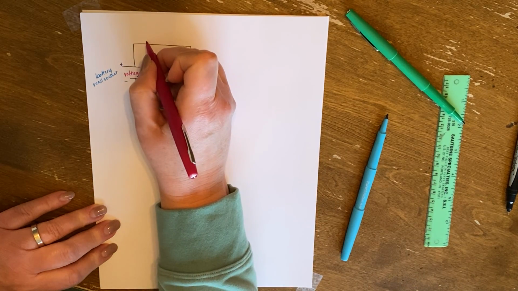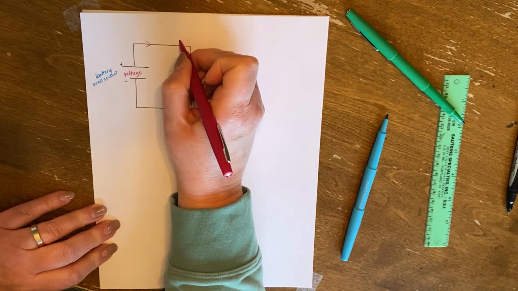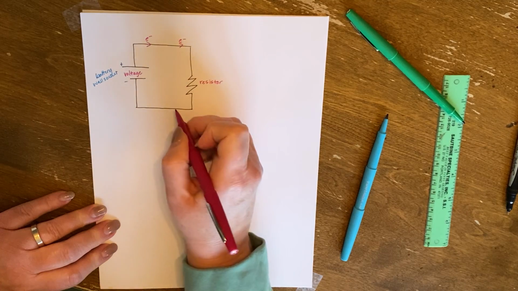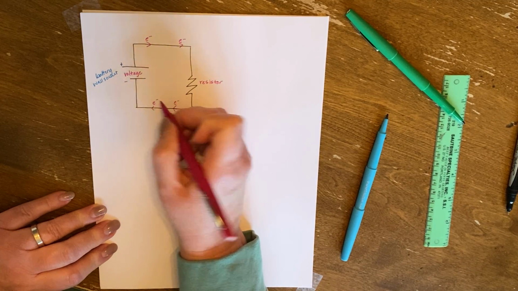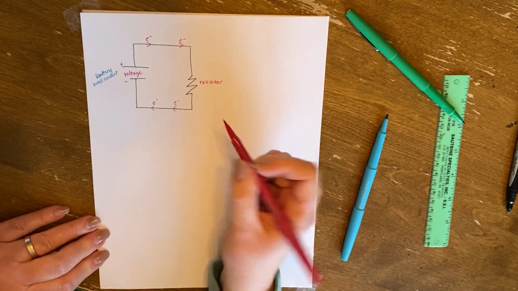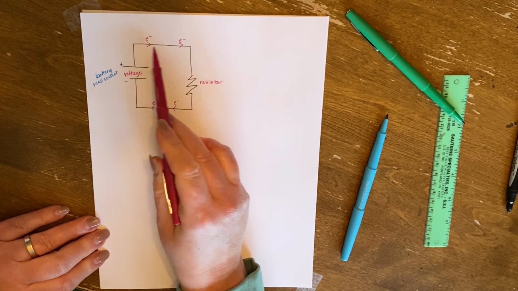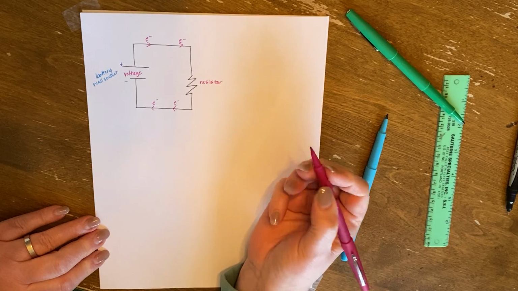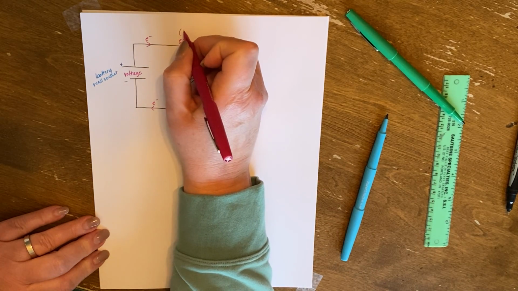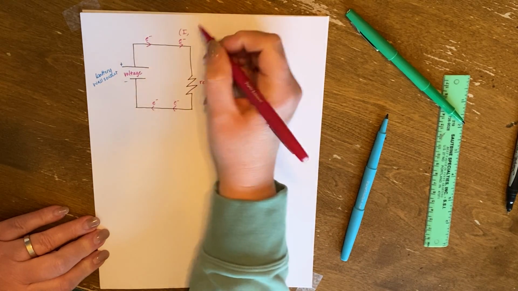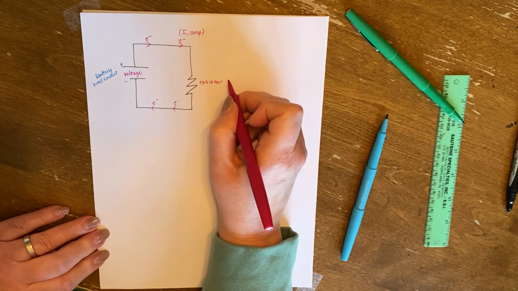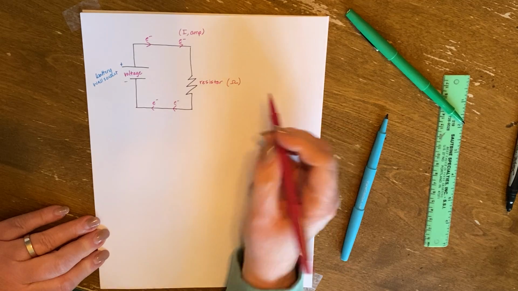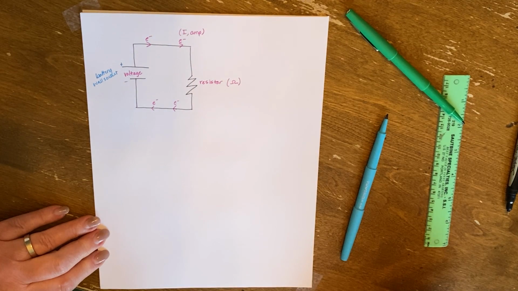All right, and then remember, our current is the electrons moving through. And we're going to draw those in a conventional current going from positive to negative. Our current, remember, is abbreviated with I, and the unit is an amp, and our resistor we measure in ohms.